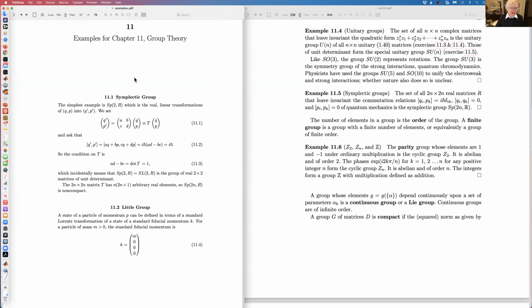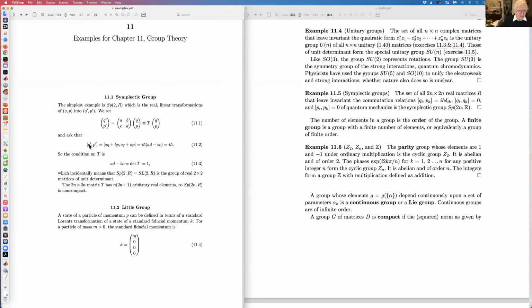Let's though first look at an example, the simplest example of the symplectic group is Sp(2,R). So these are 2x2 real matrices that preserve the commutation relations of Q and P. I decided to call these matrices T because we already have R standing for real. So Q prime and P prime are related to Q and P by an arbitrary real matrix ABCD.